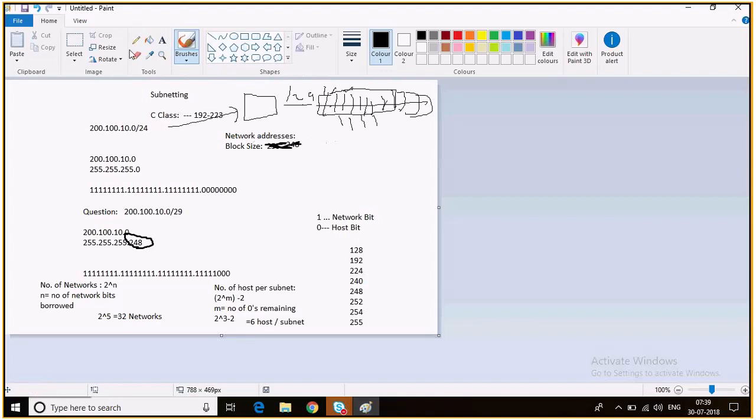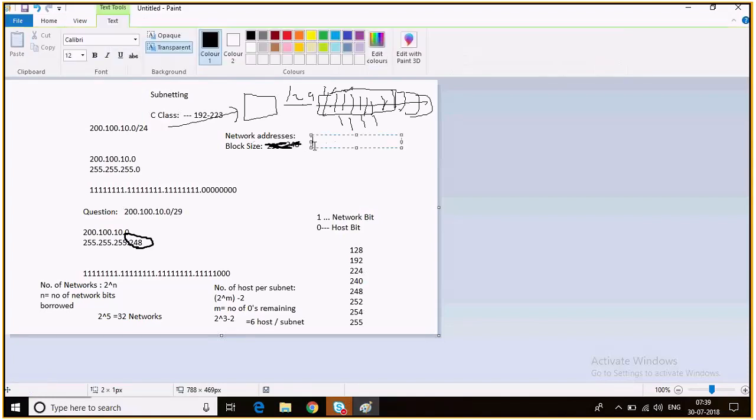Block size will be 256 minus 248, which is 8. So 8 is my block size.